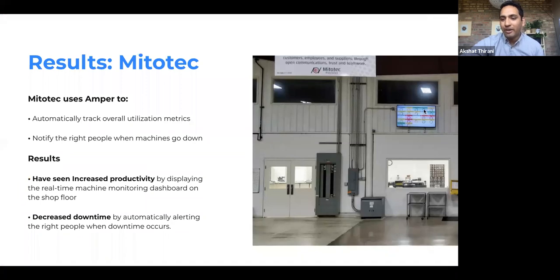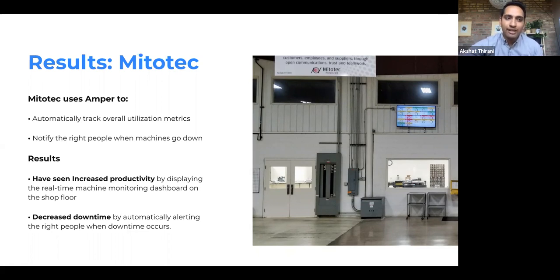Over here on the top right, you can see a little dashboard set up, and essentially they use a real-time dashboard to look at overall what's happening right now, how many parts did we make, and are we exceeding the amount of downtime that we had planned on.